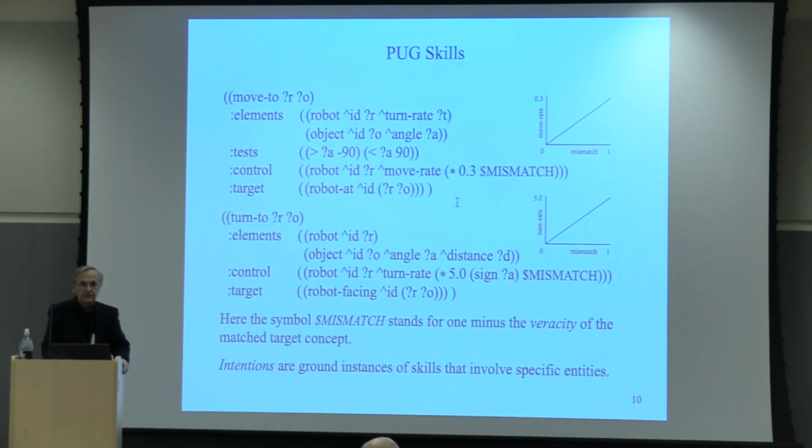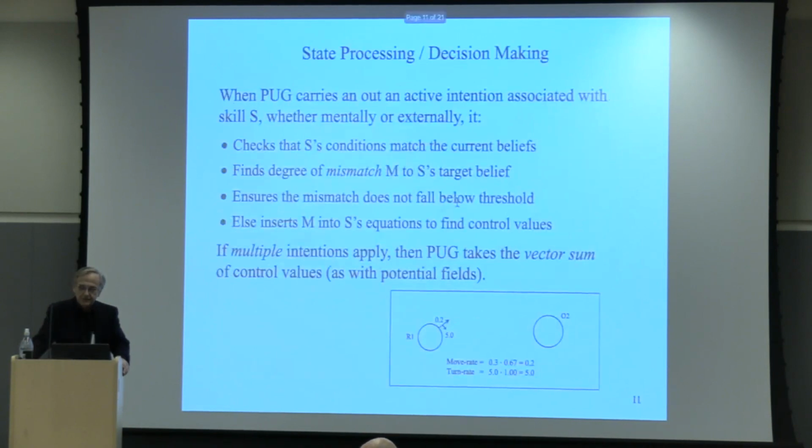Intentions, I guess they are misnamed here, but they're just instances of skills. This is the simpler, more classic notion of intention. For state processing, on each state processing cycle, the system has a set of beliefs. It's got a set of intentions that it's going to try to apply. So it checks to see if their conditions are satisfied. If they are, it finds a degree of mismatch to that intention's skill's target concept.